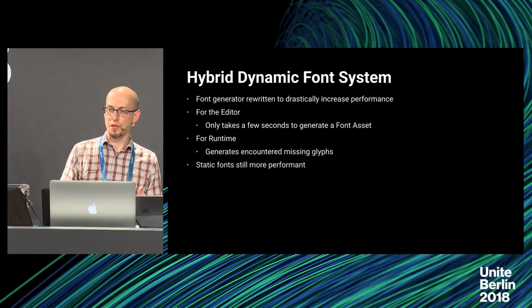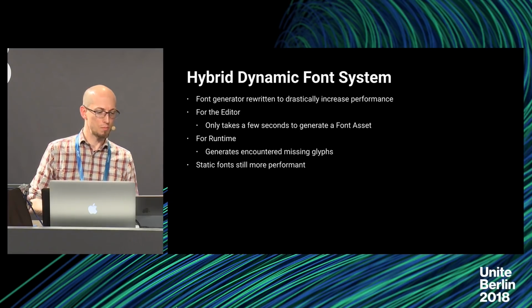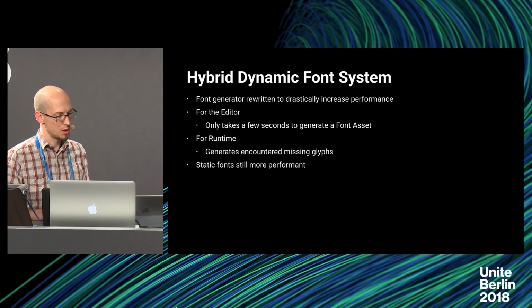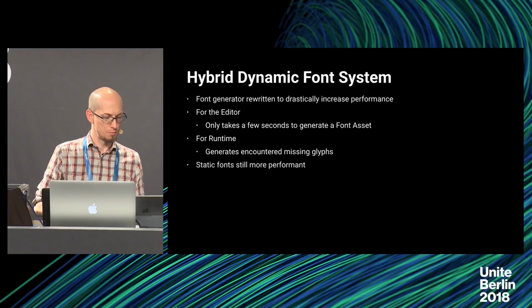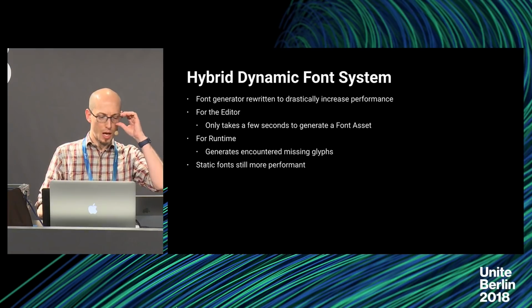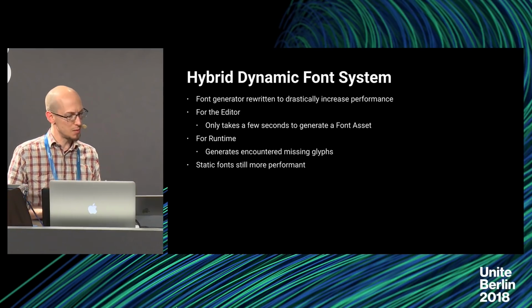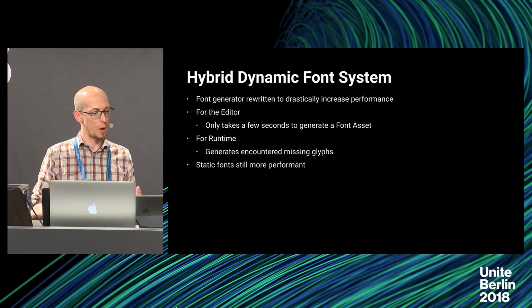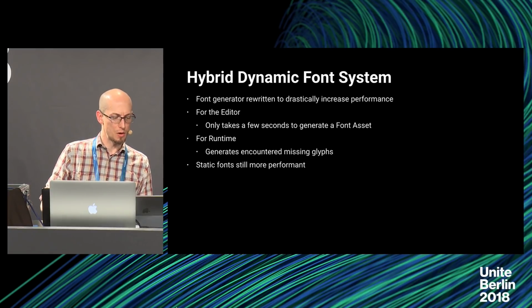So if you have input fields in your app and some user types some unexpected characters, the dynamic system will pick them up and generate them on the fly. We call it hybrid because we still recommend making a static font atlas for the characters you know will be used in your app. This is always the more performant way of creating font assets.